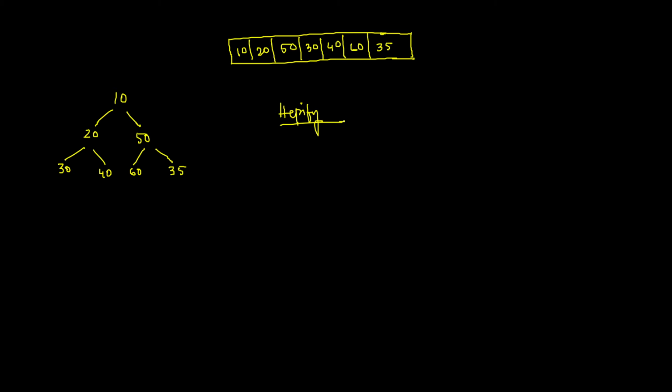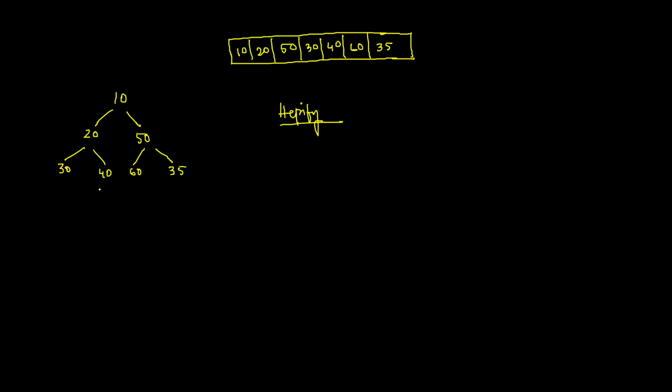Why creating a max heap will ultimately help you sort the data in increasing order, you will realize very soon. Now the question is, from where will I start? Should we start from here? I know that since it should be a max heap, I can check this 30, 20 and 40 first. I can find out that the parent is lesser than its child, so naturally it's not a max heap.